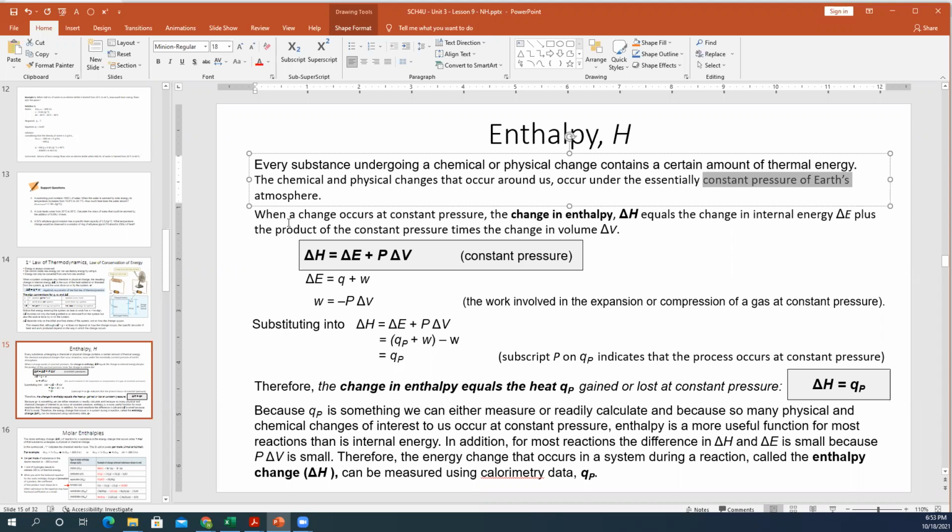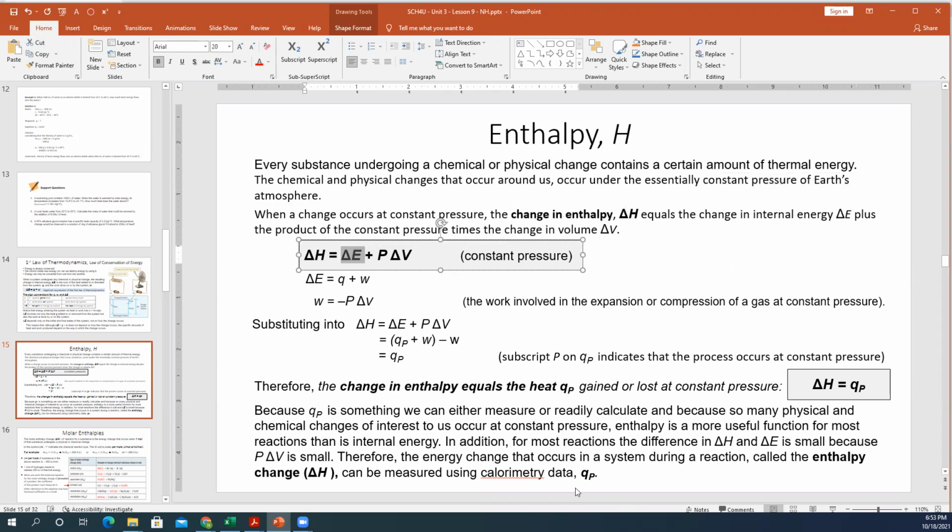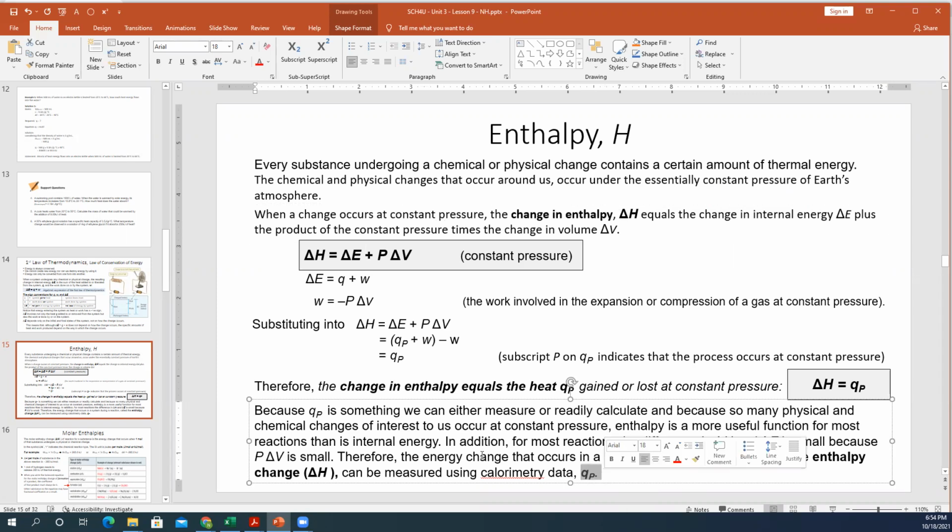So we tend to talk more about the change in enthalpy, delta H, than the internal energy, delta E. Also, for most of these reactions the difference between delta H and delta E is very small, because P delta V is often a very small term. Therefore, this energy change that occurs in a system during a reaction, called the enthalpy change, delta H, can be measured using our calorimetry data, this Q_P value.